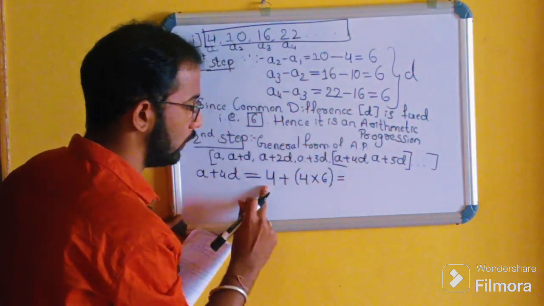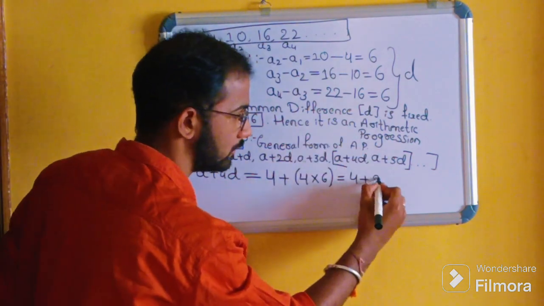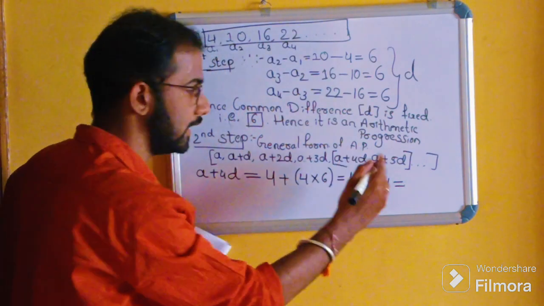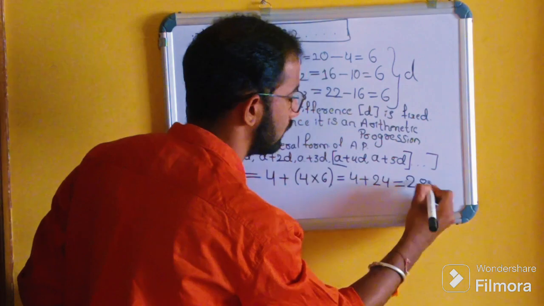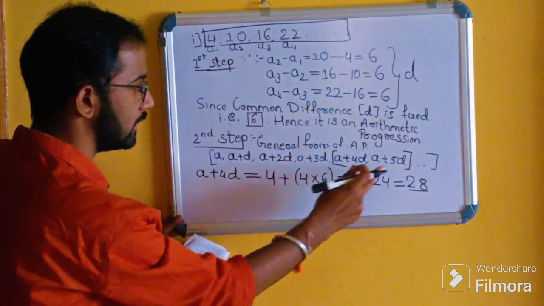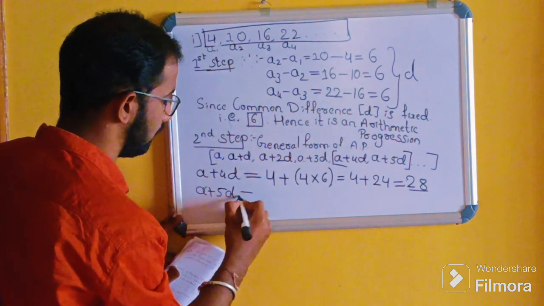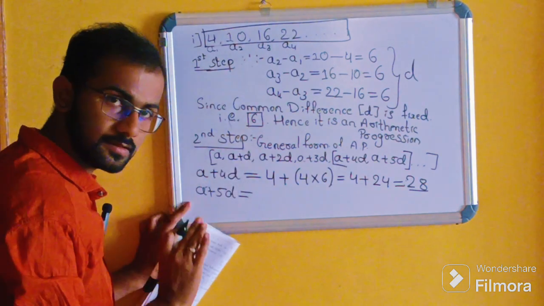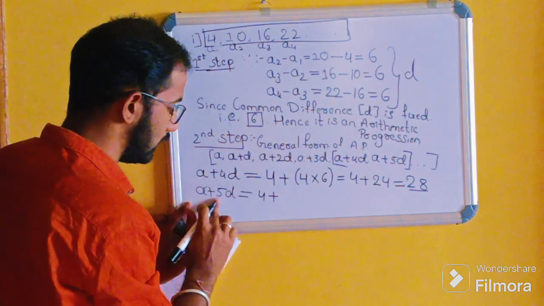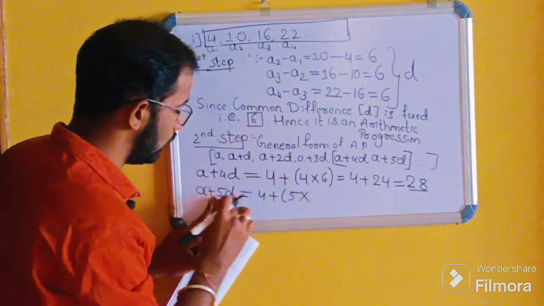Now 4 sixes are 24. What is 24 plus 4? It is 28. That is one term, and the last term is a plus 5d. Here a remains constant, that is 4, plus 5 into the value of d. D is 6.